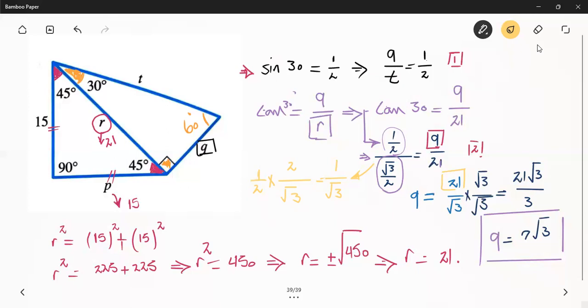Now, we are almost towards the end, then we take a 1 minute break, then we just start the three-dimensional trigonometry. And now we have one more thing left, which is t, the hypotenuse.